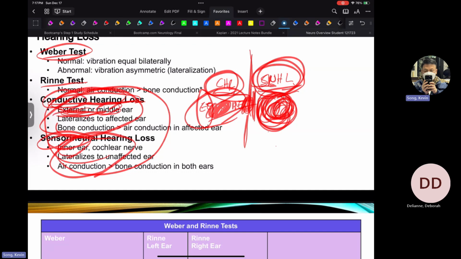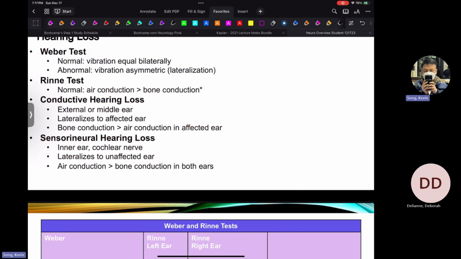Now the test goes like this. You first put the vibrating tuning fork in the middle of the forehead. Normally it sounds the same on both sides, but if this side is louder, what does that mean?